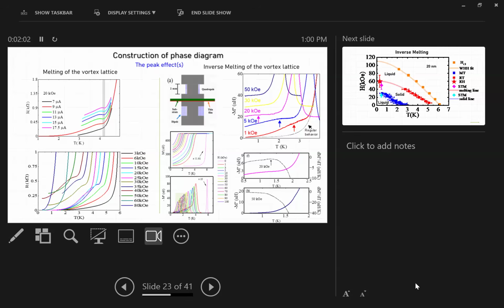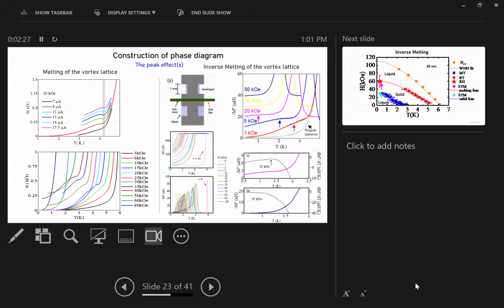The inverse melting is much more difficult to capture. What we found out is that you can capture it if you measure the shielding response and look at the dissipative part of the shielding response. Now, the dissipative part of the shielding response should monotonically decrease with temperature, like this black line here. Instead, it shows you this anomaly here.